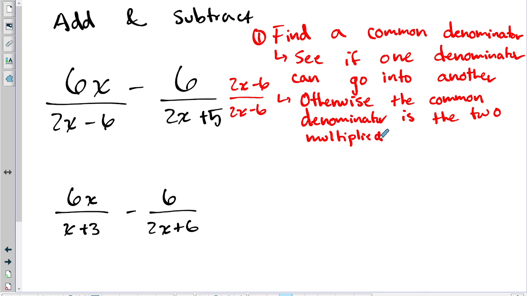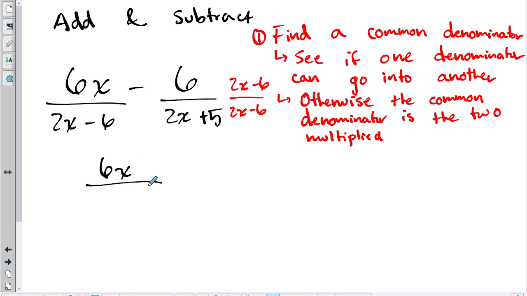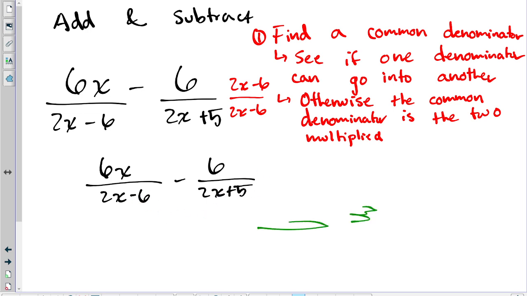Okay, so here's what that means. Let me rewrite my function here. Okay, so sorry if you wrote that down. That was just an example. So I have 6x over 2x minus 6 and minus 6 over 2x plus 5. In order to turn the bottom into a common denominator, I'm just going to turn it into these two things, the two denominators multiplied.